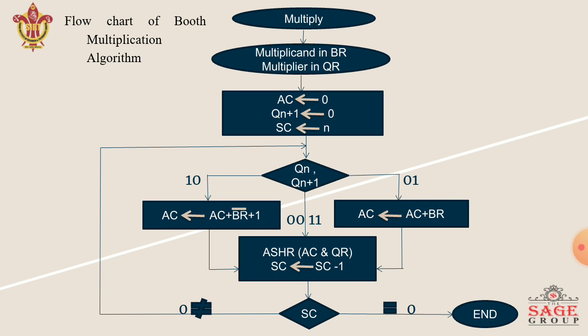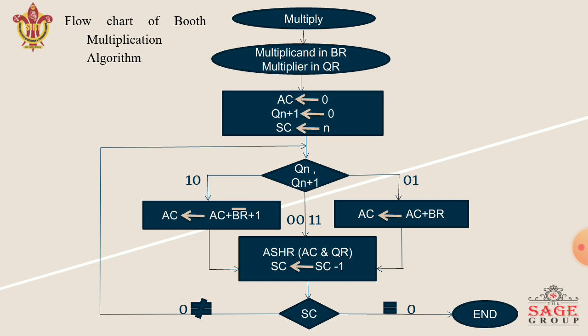Now this is the flowchart of the algorithm. Multiplicand in BR, multiplier in QR, AC initialized by 0, Qn plus 1 initialized by 0, SC, the sequence counter, is initialized by n, the number of bits, that is equal to the bits of QR.